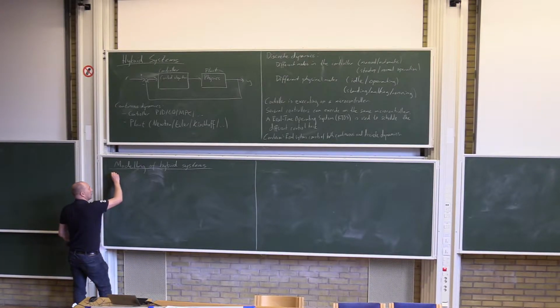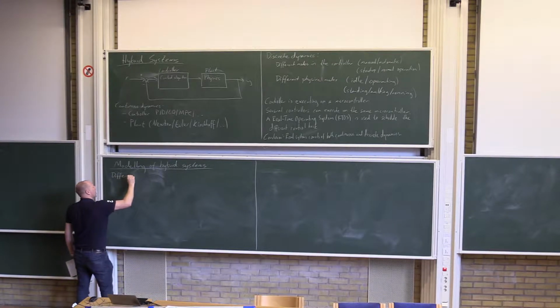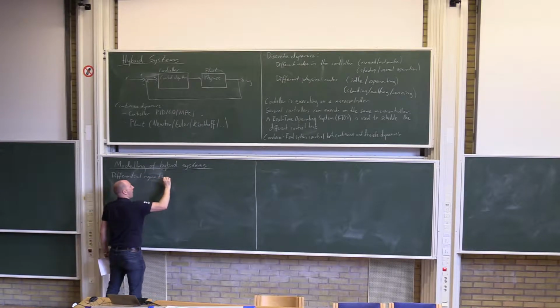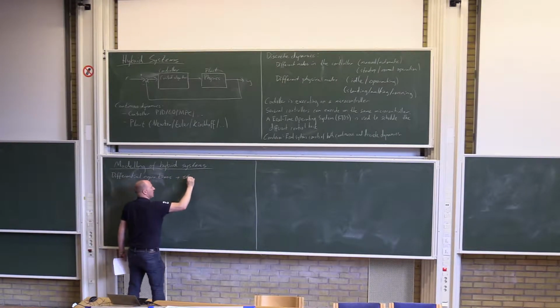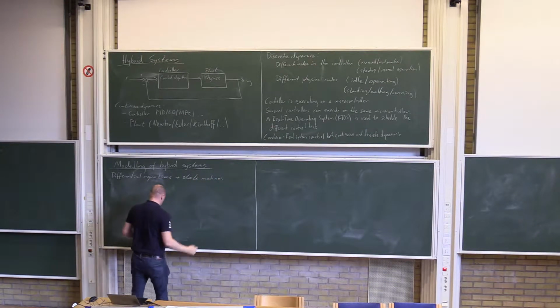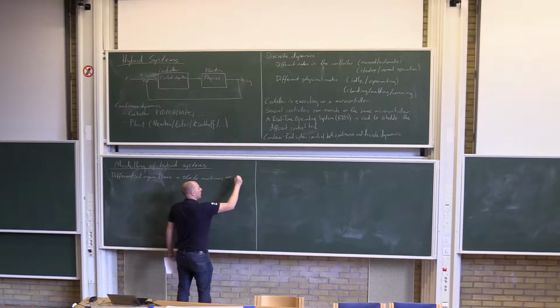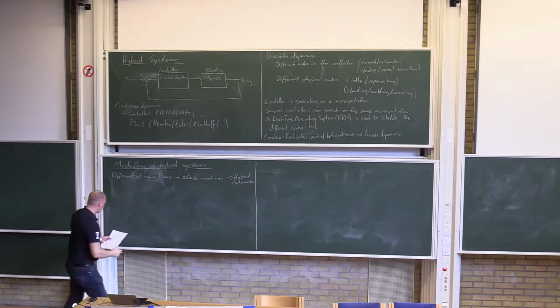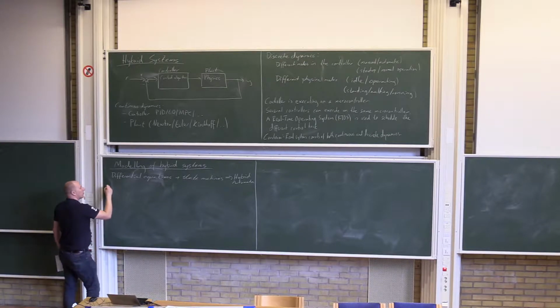Okay, so basically, modeling of hybrid systems. We have differential equations plus state machines. If we combine them, we get something that we can call a hybrid automata. Okay, and we will just give you an example here.